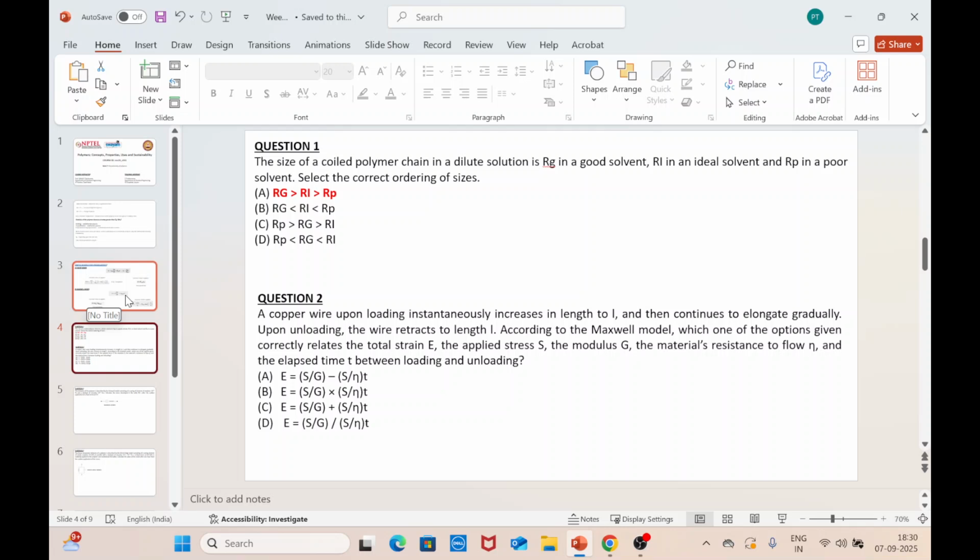So the stress that is going to be applied here is more of a constant stress. So which one will be the correct option?